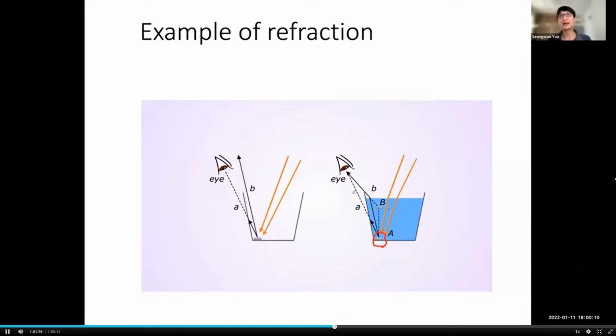The first line, I'm going to extend my line of sight like this. And then I will also introduce a vertical line through this object. Then at the intersection point, the image will be formed. Okay, so this is how you can find the location of the apparent image.